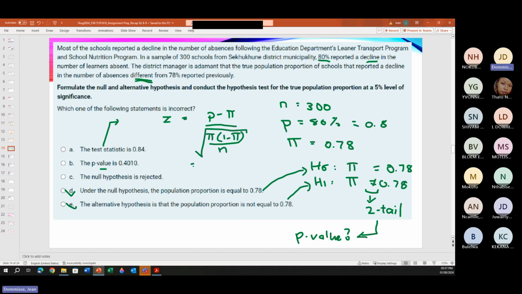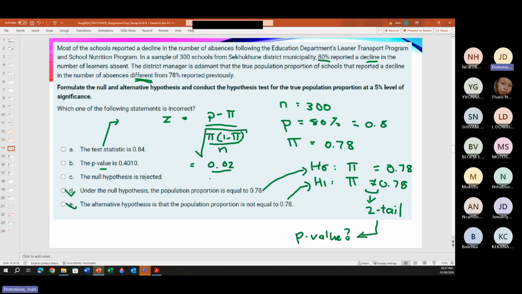Okay, so let's quickly see the p minus, so sample minus population proportion: it's 0.8 minus 0.78. That gives us 0.02, over, and let's work that out. So 0.78 times (1 minus 0.78), which is 0.22, divided by n, which is 300, and the square root of that.